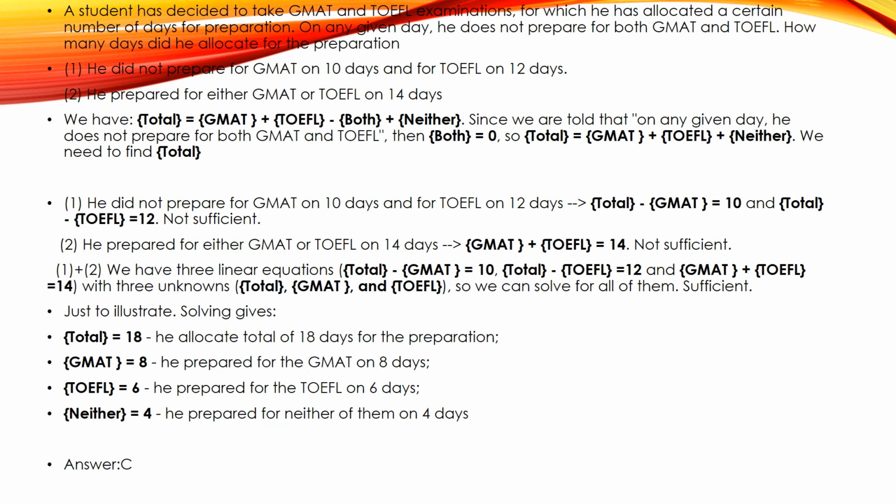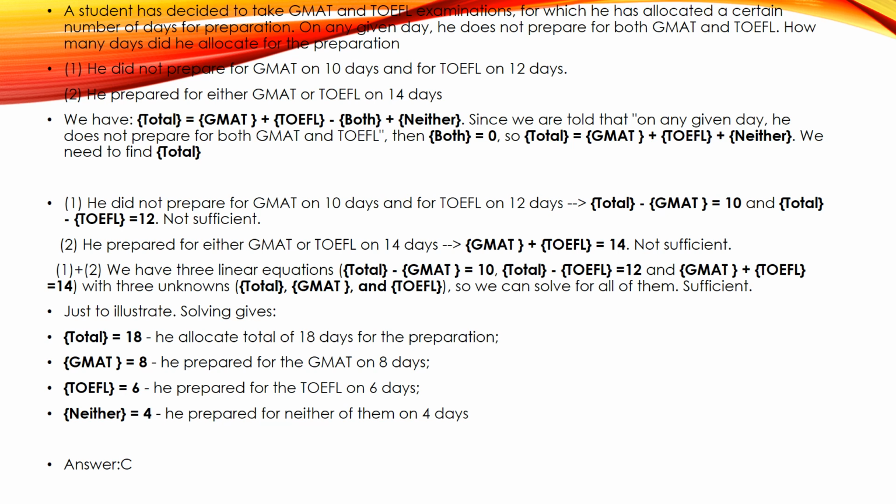He did not prepare for GMAT on 10 days and for TOEFL on 12 days, which is total minus GMAT is equal to 10 and total minus TOEFL is equal to 12. This is not sufficient. He prepared for either GMAT or TOEFL on 14 days, so GMAT plus TOEFL is equal to 14. This is not sufficient.